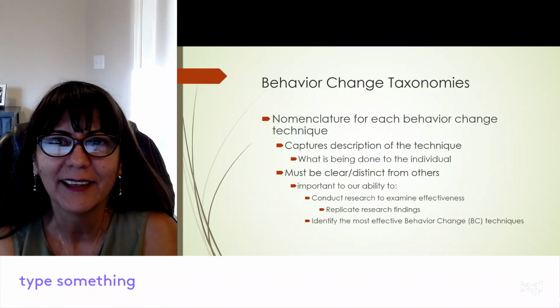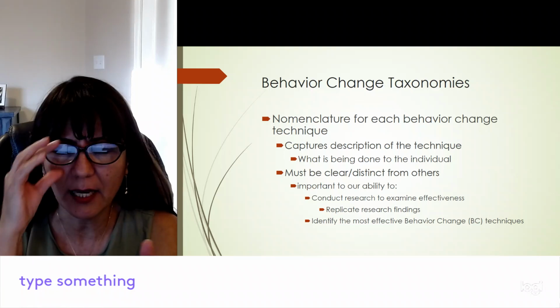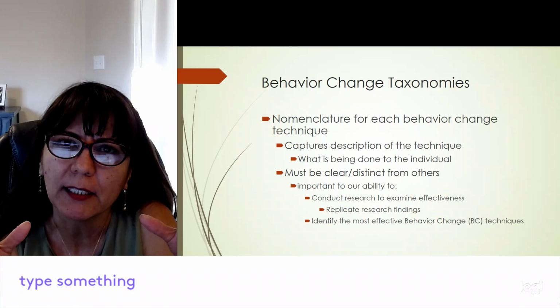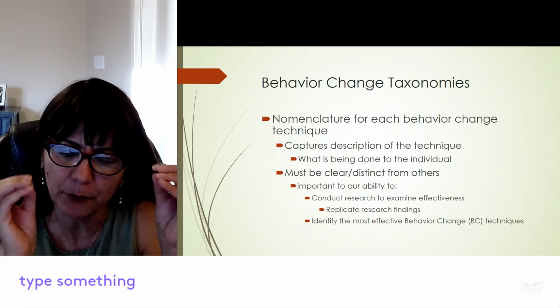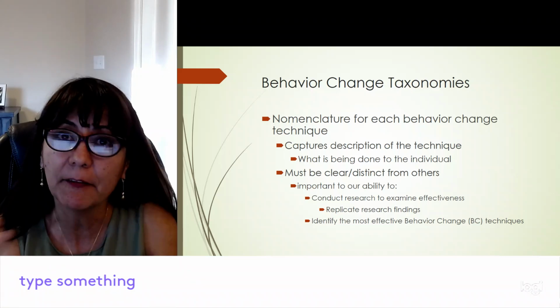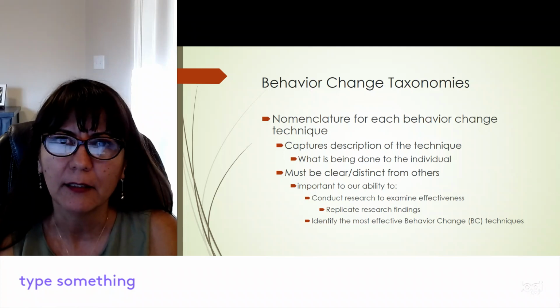Okay, so these behavior change taxonomies, sorry, I'm stuttering today, are very important because they help us create clear categories of techniques, right? Clear techniques of what is involved in this specific technique. It gives it a name, it gives it a definition, right?